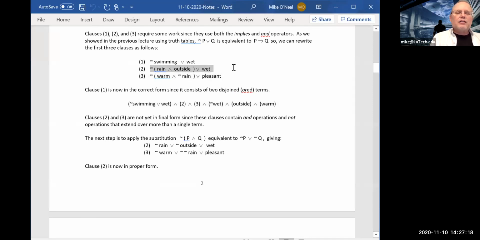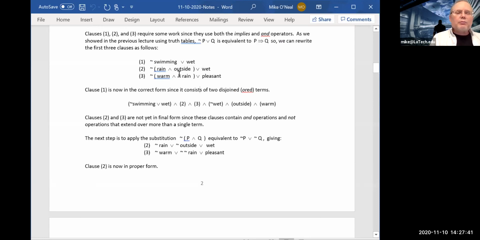Well, you might say, Mike, we got a problem because we got an and inside this term, and you're not allowed to have ands inside the clauses. You're only allowed to have ors. It's a conjunction of disjunctions. This is not a disjunction because there's an and in it.